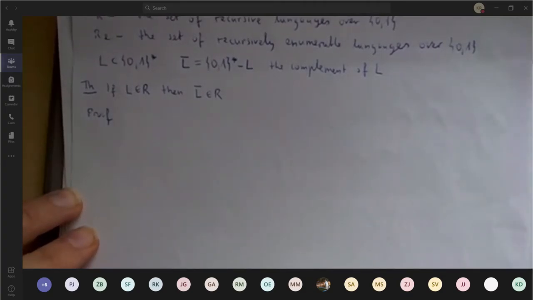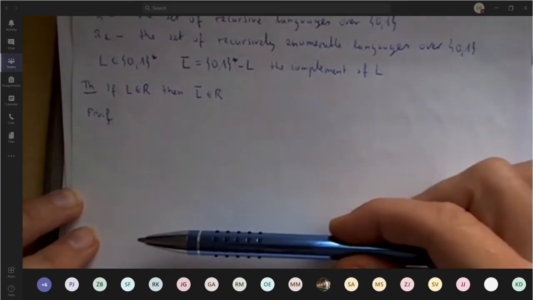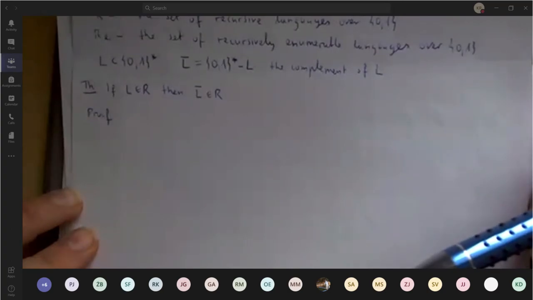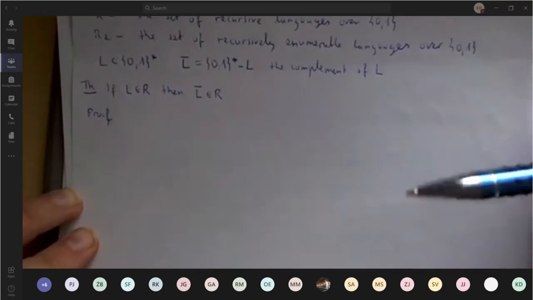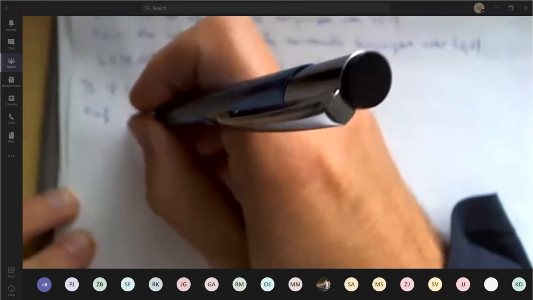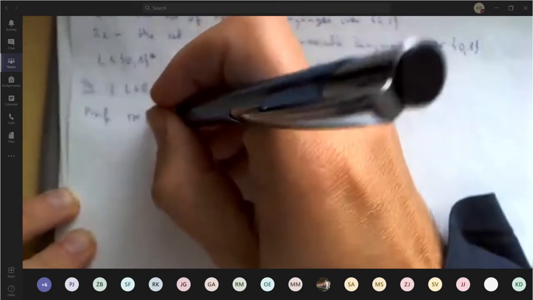L is recursive, so there is a Turing machine with stop property which recognizes this language.